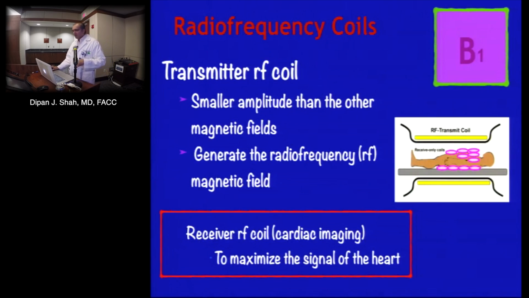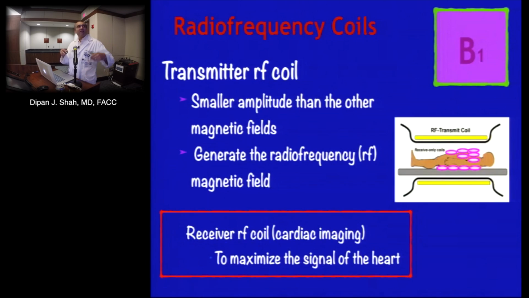Okay, and then the magnetization that's caused locally. Remember, we said B naught is the static magnetic field, and that's 1.5 Tesla or 3 Tesla. When you apply gradients, you cause an alteration to the magnetic field, and that now becomes your B naught, or B1. That's what the magnetic field is at the specific location that you're talking about.